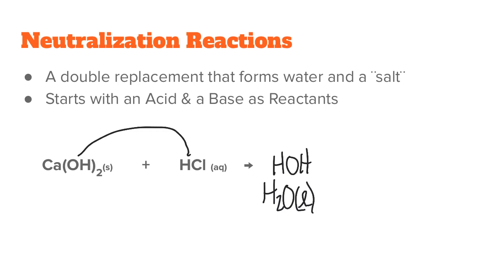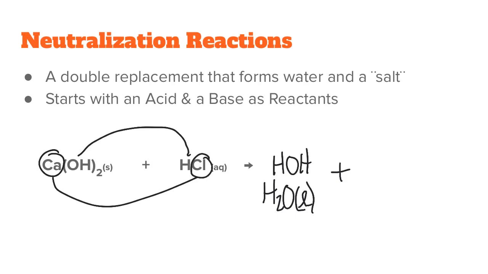So when you mix an acid and a base together and there's a neutralization reaction, one of the products is going to be water. The other product is called a salt. All a salt is, and we've said this a few times, it's a term that just refers to an ionic compound. So now the calcium and the chloride are going to come together and form your salt.